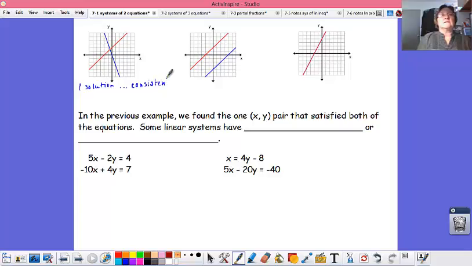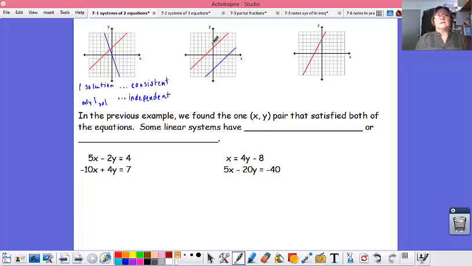Consistent because it has solutions. Since it has exactly one solution, it's also called independent because there's only one solution. So if we have a system where two lines intersect in one point, we can say that system is both consistent and independent. Has a solution, has only one solution.